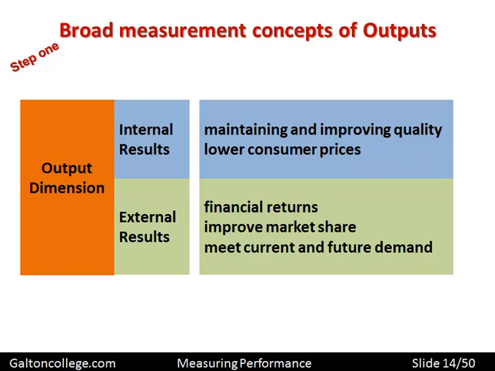So it must meet the current demand and the future demand. It must anticipate what the market will be in 6 months or a year's time and try to ensure that it can meet the likely demands at that time. So these are external results related to the output dimension.